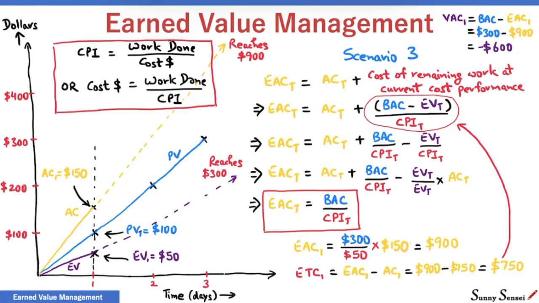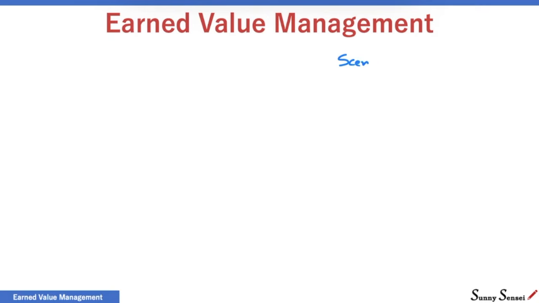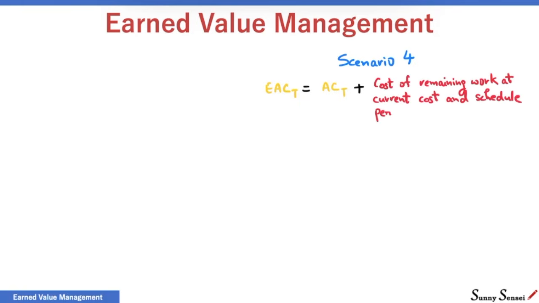There is another variation of this scenario. Scenario 4. In this scenario, the cost of remaining work is estimated based on not just the current cost performance, but also on the current schedule performance. The formula is EAC equals AC plus (BAC minus EV) divided by (CPI times SPI).